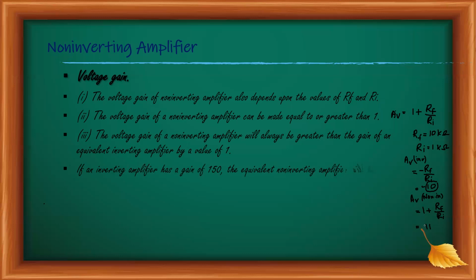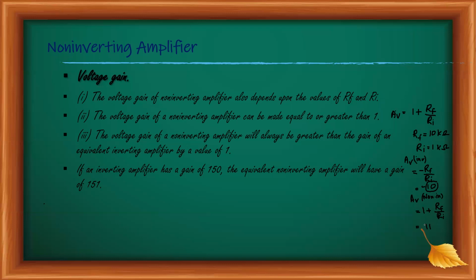Here we consider an inverting amplifier with gain 150. Then the equivalent non-inverting amplifier has a gain of 151. The non-inverting amplifier must have gain RF divided by RI plus 1.